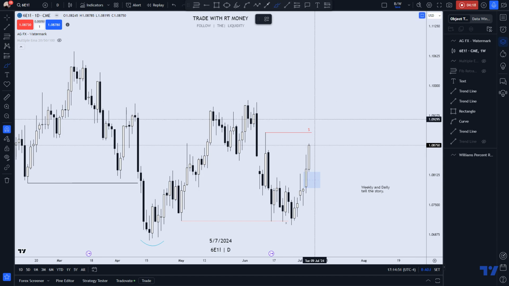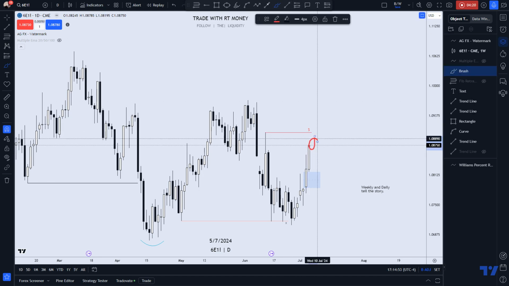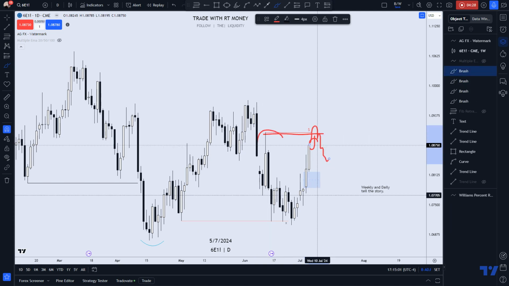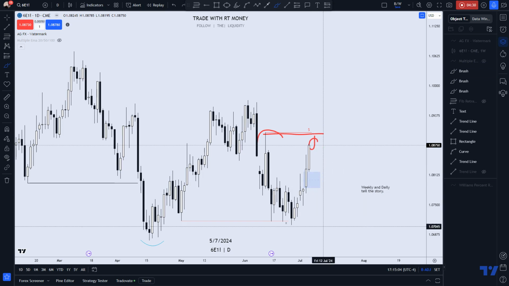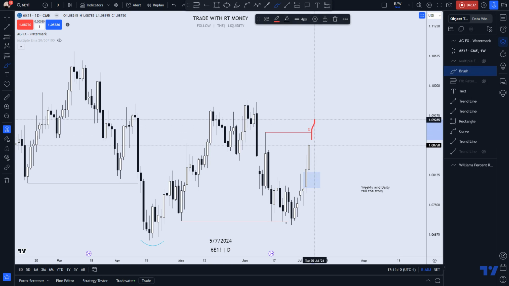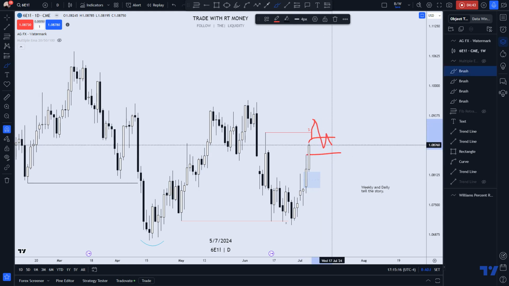Should price print a doji type candle or whatever, or take out the swing high here, we're going to expect price to pull back. And if we have a fair value gap created, if it takes out this high, if it creates the fair value gap here, then price could very well continue bullish from there.